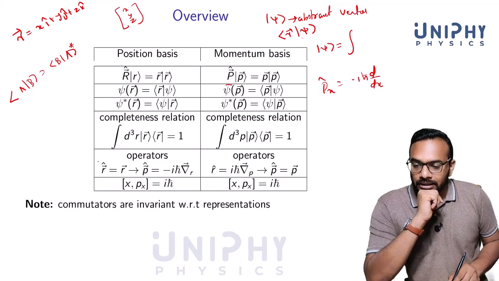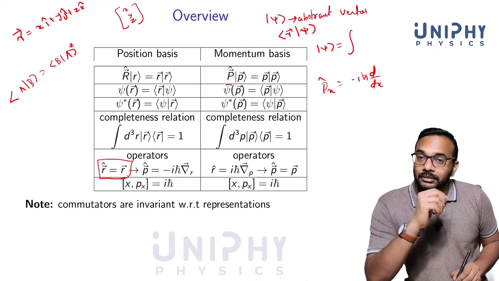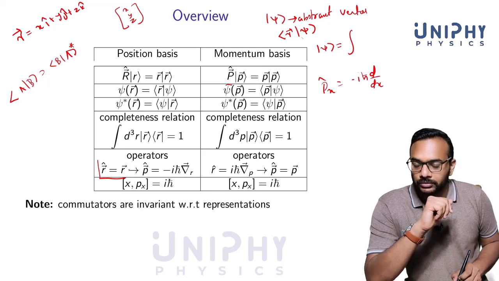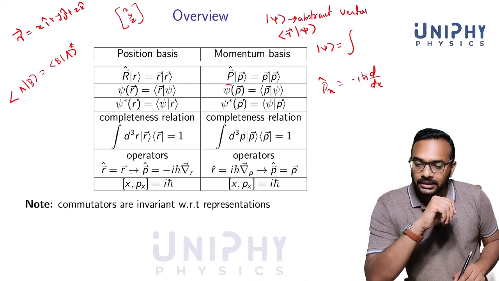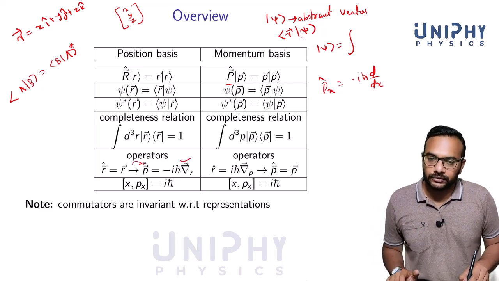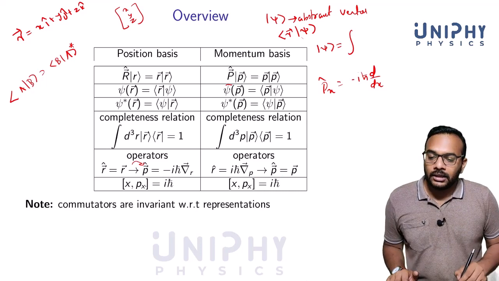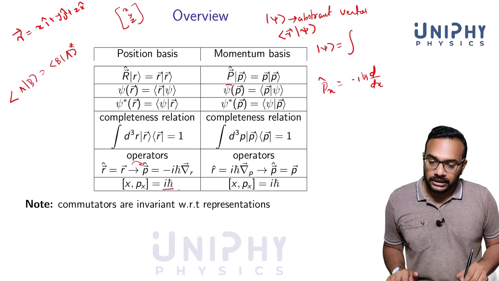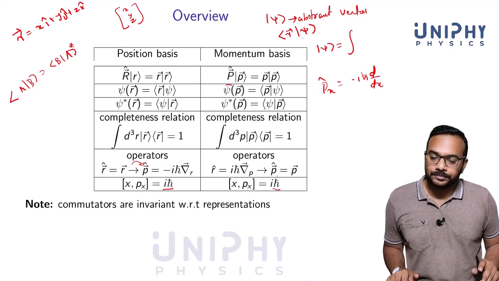In this case, r vector, the position operator, is the position vector itself, and the commutation relation means that the momentum operator has to be a differential operator of this form. And x with px equals i h cross.